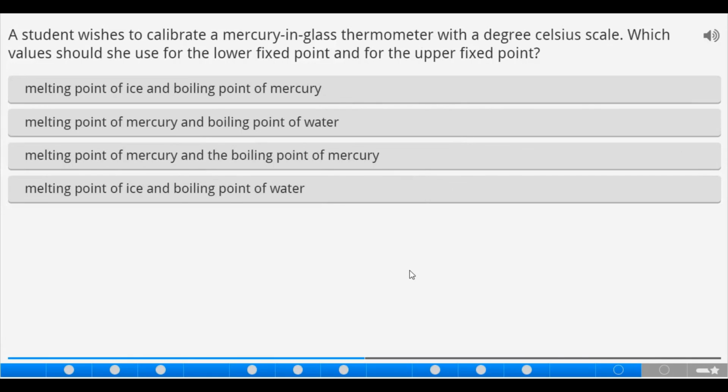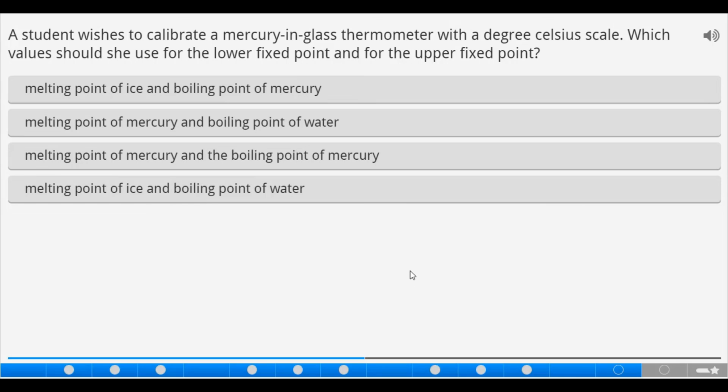So a student wishes to calibrate a mercury in glass thermometer with a degree Celsius scale. Which values should she use for the lower fixed point and for the upper fixed point? The lower fixed point has to do with the lowest temperature that can be obtained from mercury, while the upper fixed point has to do with the temperature at which mercury does what? Boils. That is the boiling point of mercury.